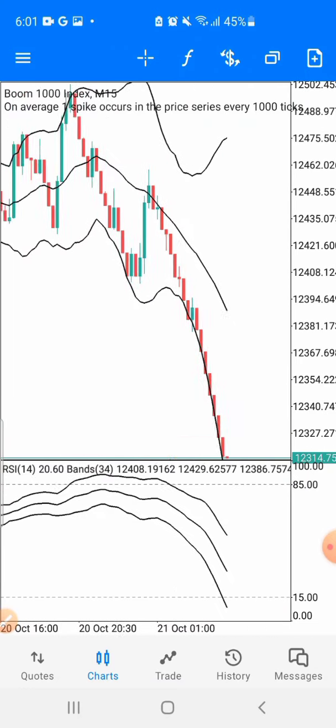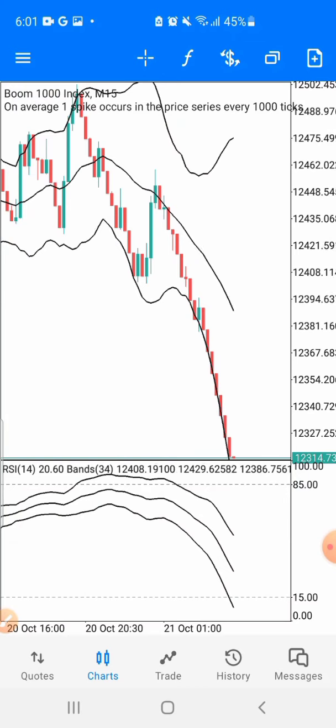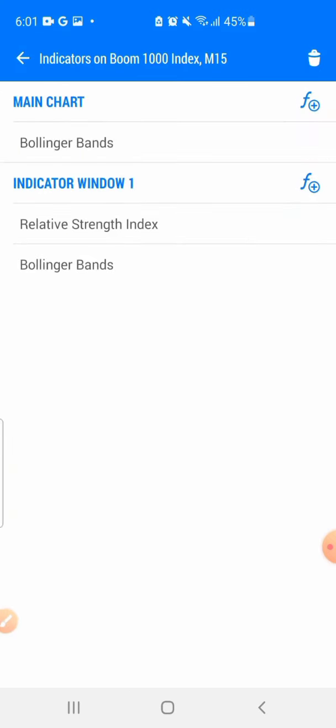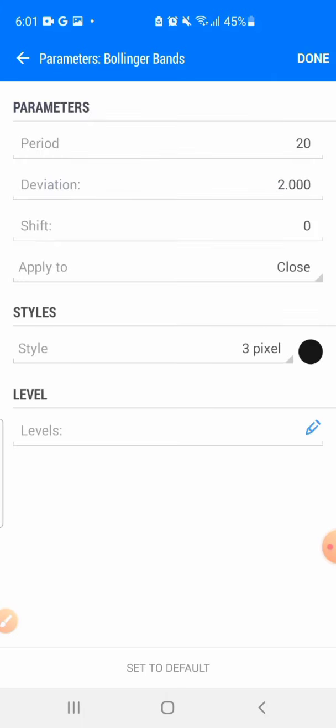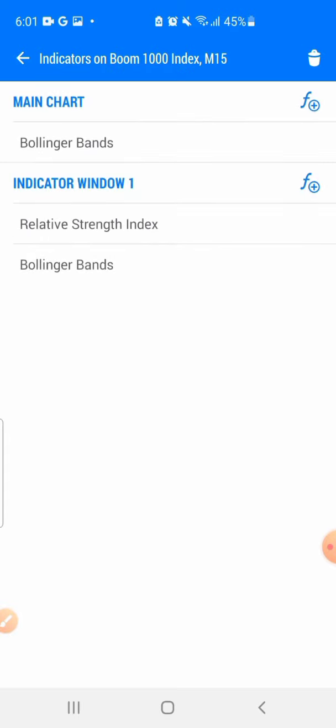Okay, so now how do we use this strategy? What you need to do is just to add your Bollinger Bands. I just added my Bollinger Bands as default. You can see period 20, deviation 2.00, shift 0, apply to close, style is 3 pixels, and I just use black. You can use any color of your choice.